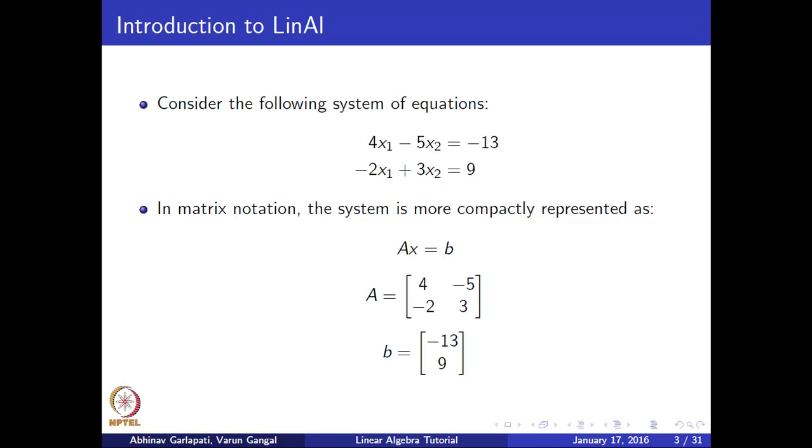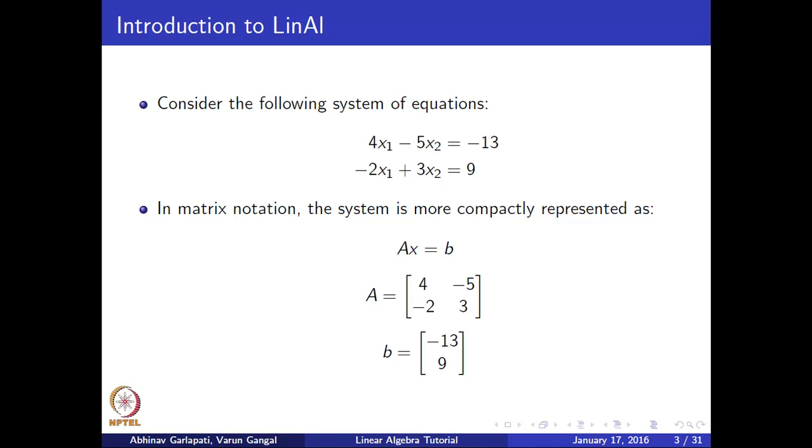When you multiply the matrix A with x1, x2, you get back the set of two LHSs, and the matrix B represents the RHS. It's easy to verify that you can get back the original representation from this one.